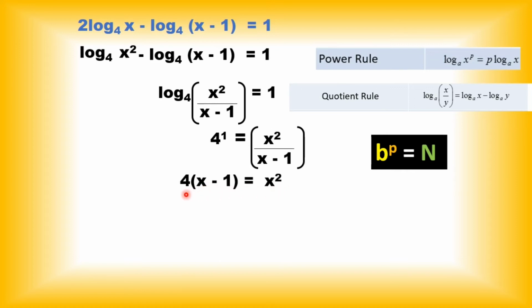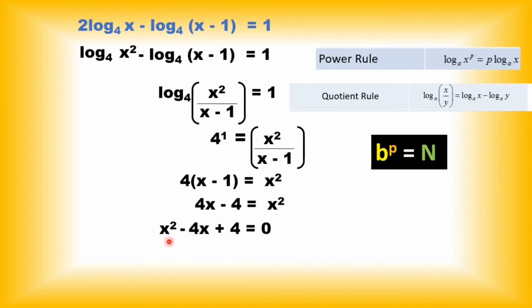So, distribute natin yung 4 to each term inside the parentheses. 4 times x is equal to 4x. 4 times negative 1 is negative 4. Then, pag samasamahin natin ang mga terms, we have x squared minus 4x plus 4 is equal to 0.